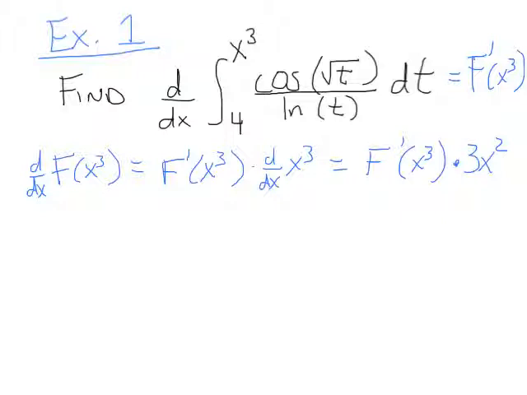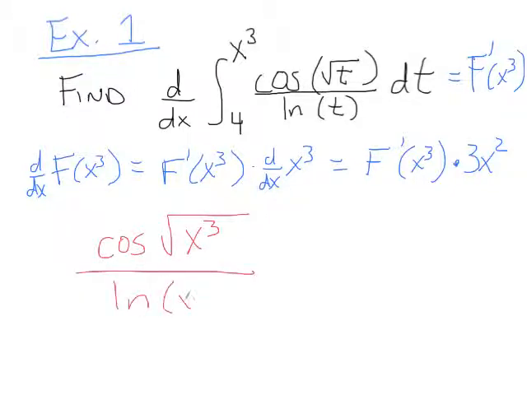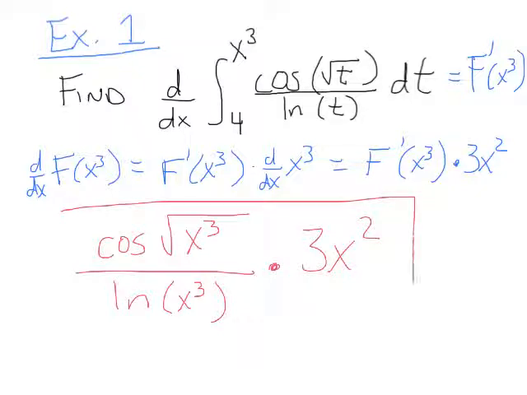The derivative of the outside gives us cosine root x to the third over the natural log of x to the third, and then that all gets multiplied by 3x squared. And that is our answer.